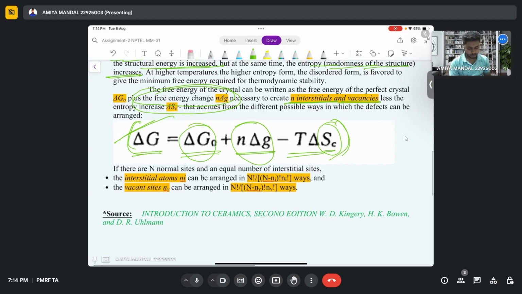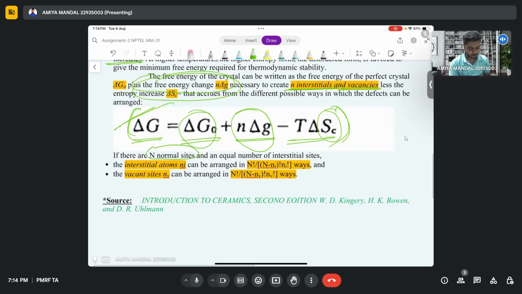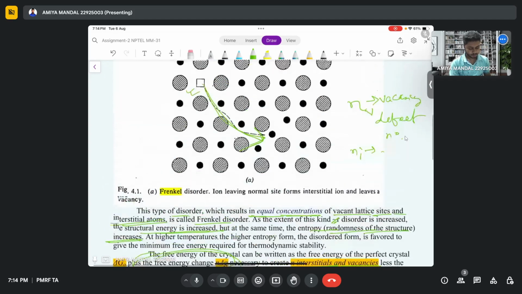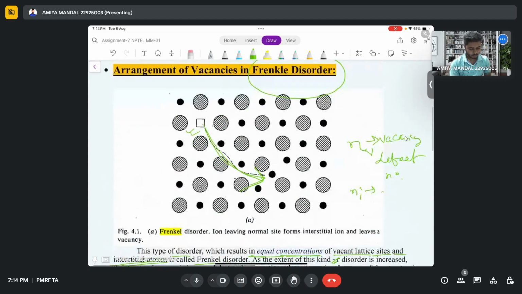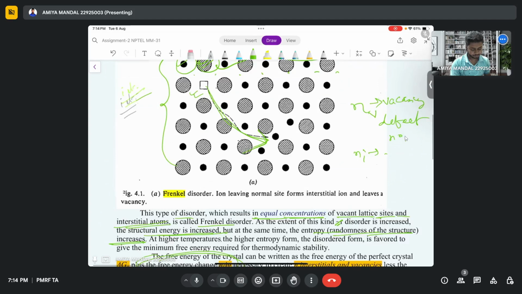Now there are N normal sites and an equal number of interstitial sites. The normal sites contain cation and anion positions, and there are an equal number of interstitial positions also.